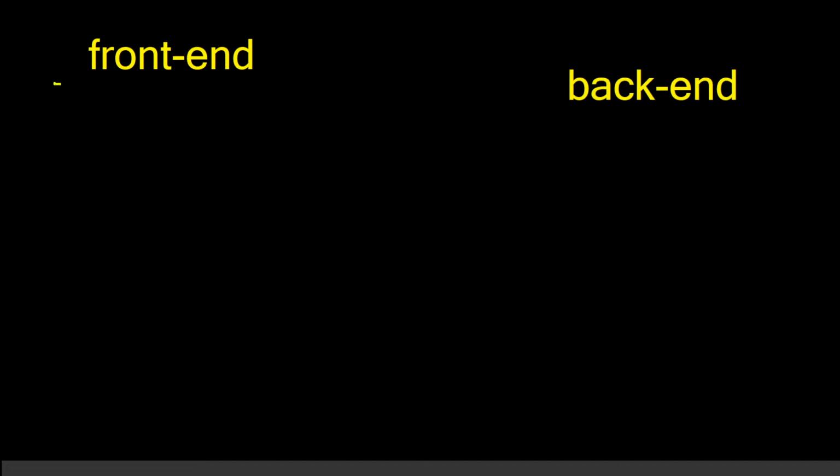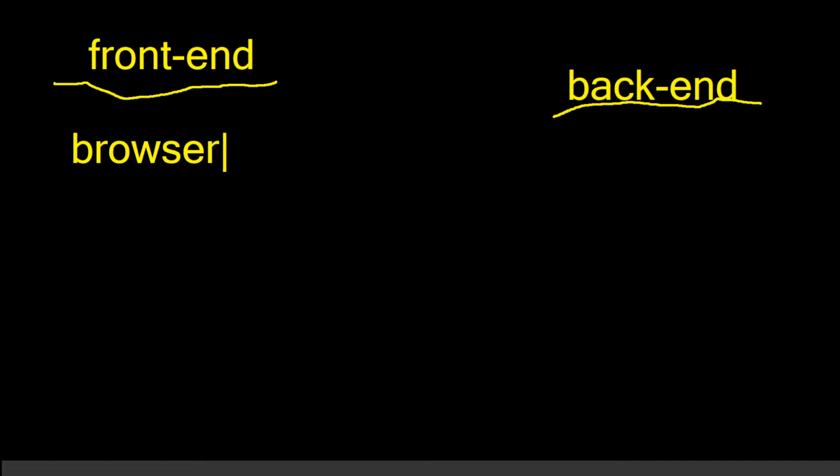These two things look quite different. On our front end, these are things that are rendered by our browser. These are the things that our browser knows how to deal with. Our languages of choice here are HTML, CSS, and JavaScript.